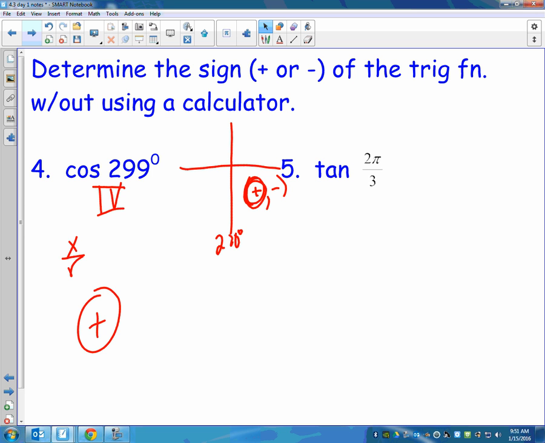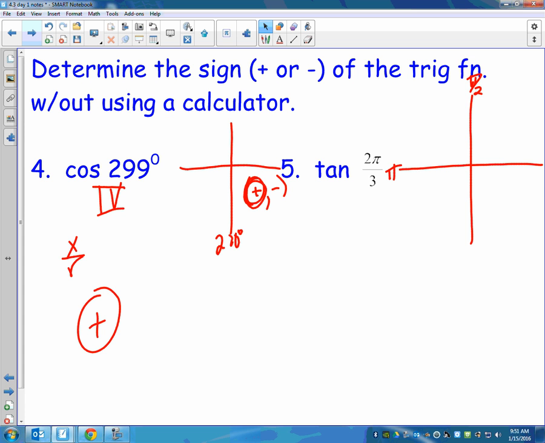So the idea now is, can I figure out where 2 pi thirds is without converting it to degrees? You always have that option, but I want to really encourage you to not do that every time. Based on what we did today, or maybe just knowing that this is pi, where's 2 pi thirds? Quadrant 2, right? Because this is pi halves.